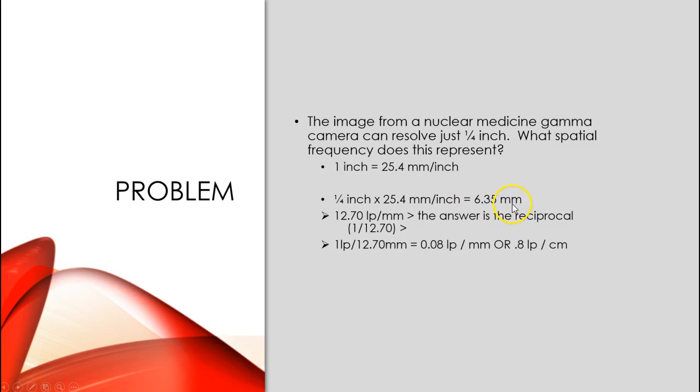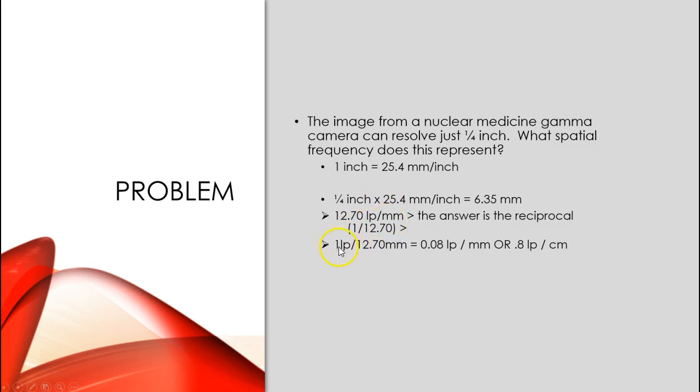6.35 millimeter answer, okay? Then we're going to take that and double it, because remember, one line plus the space next to it. So from the beginning of one line to the beginning of the second line is a line pair. So you have to double this. And that gives you 12.70 millimeters per line pair. And remember, the answer is the reciprocal.